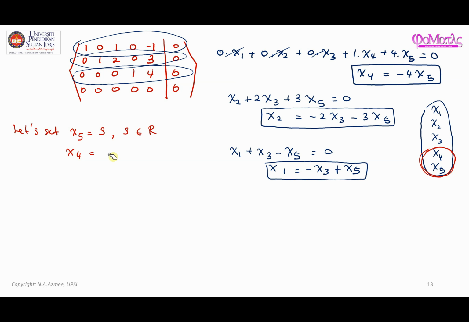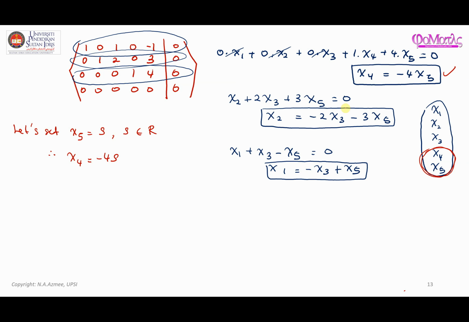First of all, we can view it by considering the equations given here one by one. So first of all, x4 here is given equal to negative 4x5. Therefore, we can set x5 to be equal to s, and in this case x4 is just negative 4s. So that's the value of x4 based on this part of the equation.